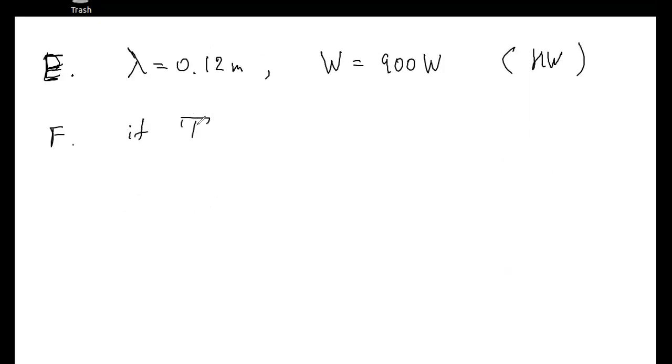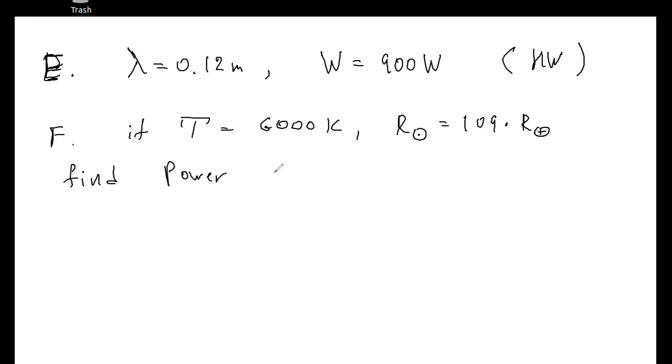If the temperature is, let's say, about 6,000 Kelvin, and the radius of the sun, I know, is about 109 times greater than the radius of Earth, that can help you calculate the area of the sun. Find the power radiated by this star.